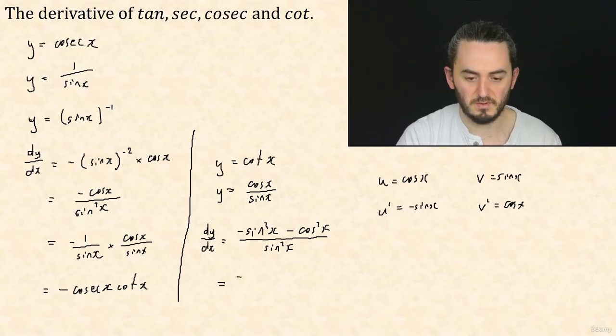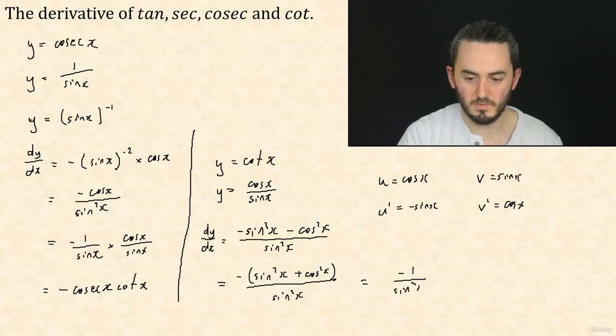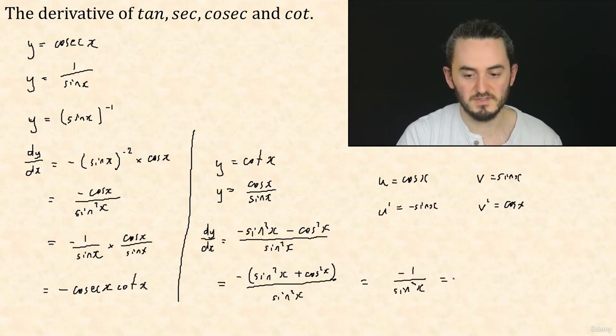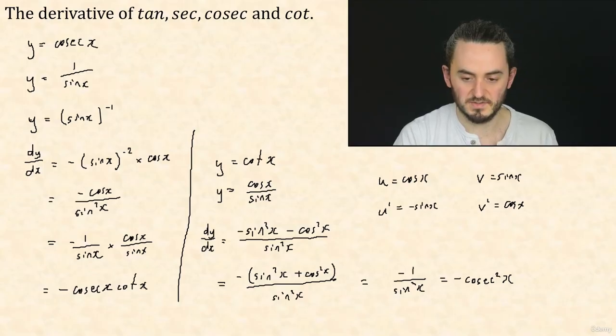Well, that numerator, if I factorise out a -1, is sine squared x plus cos squared x, which is going to be 1. So what I in fact have is -1 over sine squared x, which is minus cosec squared x. So there is our derivative of cot x. It's minus cosec squared x.